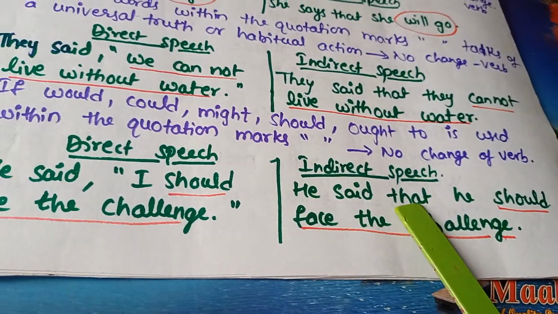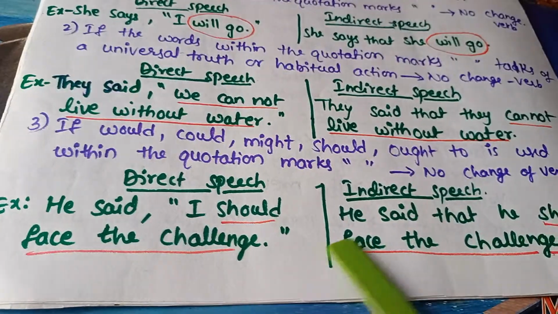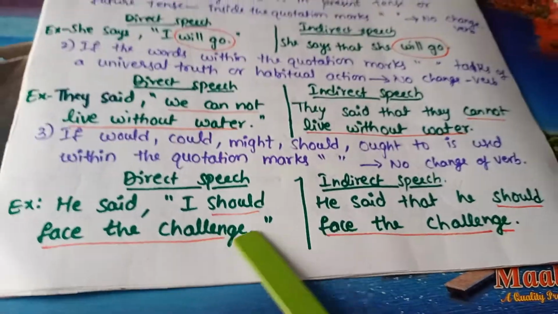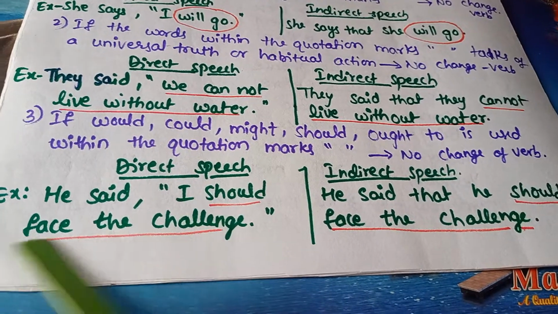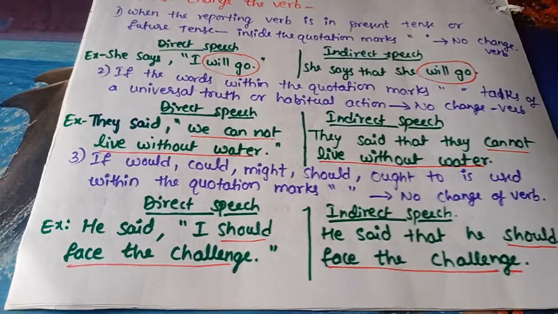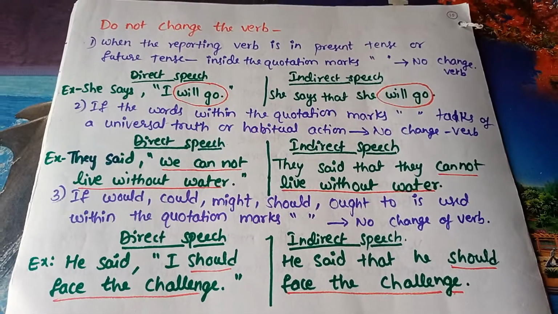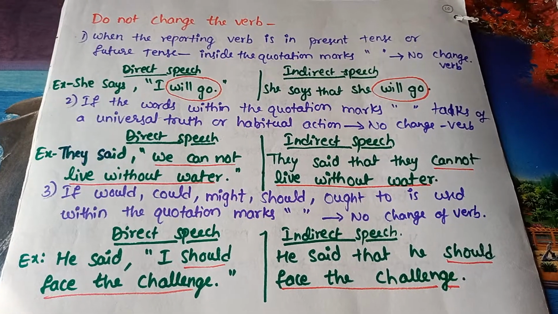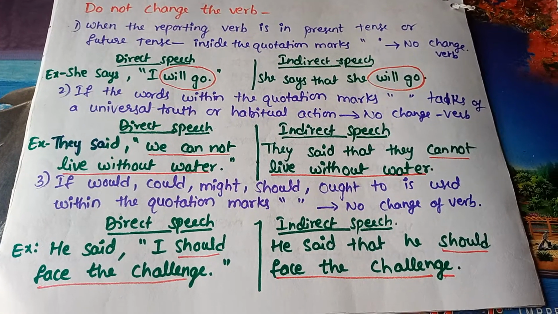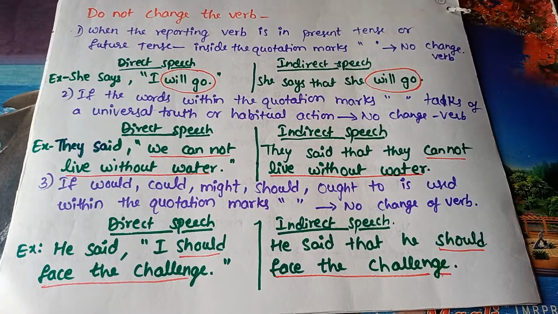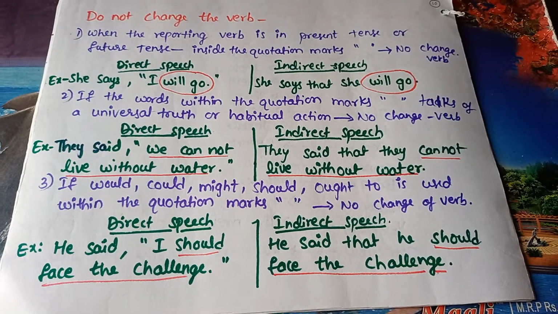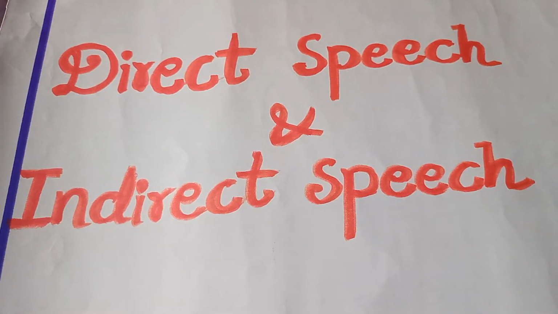He said that he should face the challenge. There will be no change from the starting should to the end. This is the overall view of the three points that are exempted from the change of verb from direct speech to indirect speech. Okay, thank you.